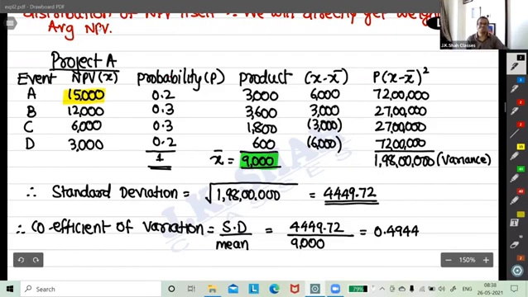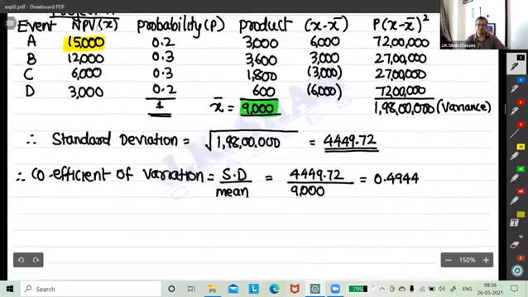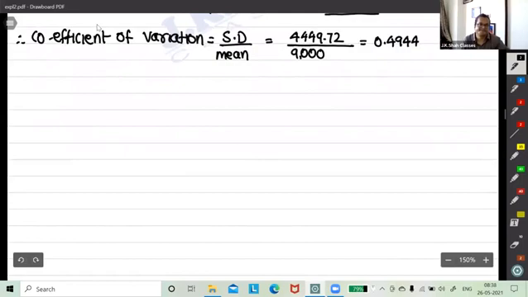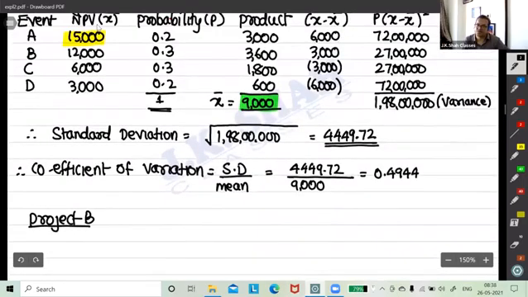Okay, so let's complete our raw material part, right? This is project A done now. Similarly, you do project B. On the same guidelines, on the same guidelines.